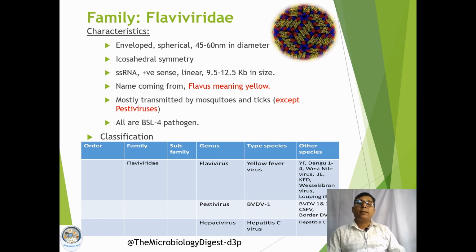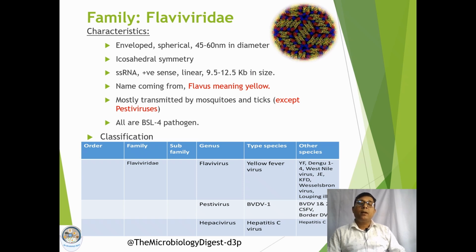Members of this family are transmitted by mosquitoes and ticks, except one genus which is Pestivirus. Pestiviruses are not arthropod transmitted, but the rest of the genera are transmitted by arthropods, and most of the pathogens are BSL-4 pathogens.